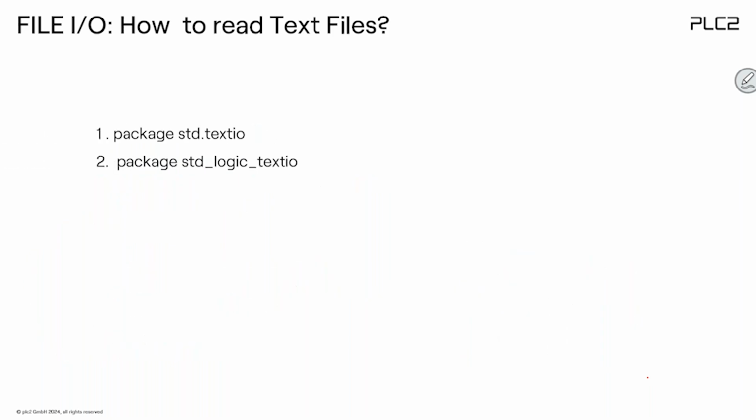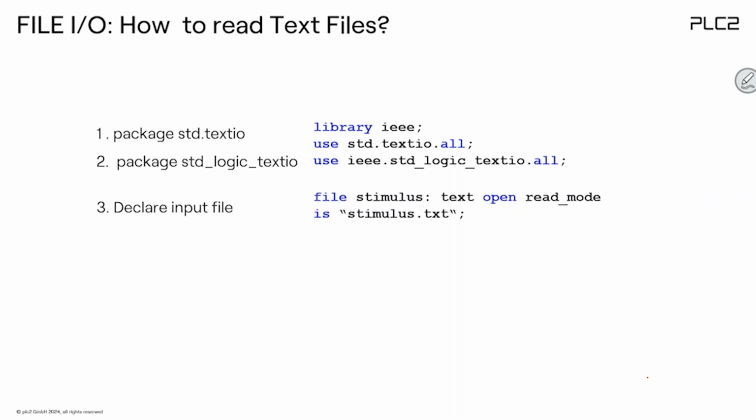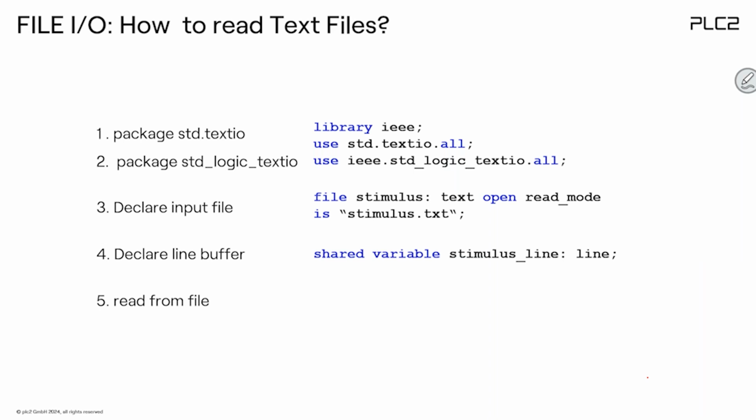Now, how to read a file? Well, that's actually the opposite. We again first define the package. It's the same. Now we have to declare the input file, which file to read. Again, we define the line buffer, in this case called stimulus line, and then we read a complete line.